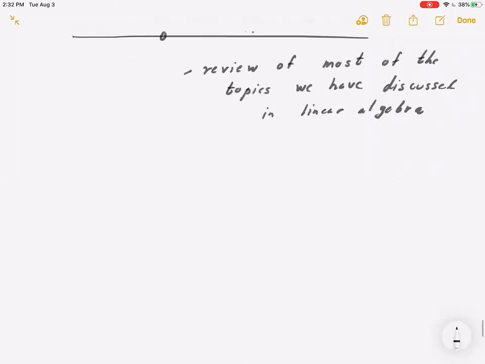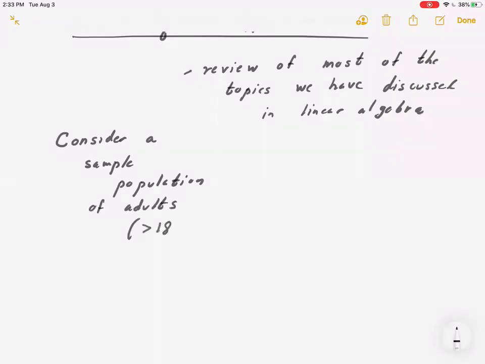Okay, so what is this least squares approximation problem? So suppose you have a sample of people, a sample population, and let's say this population consists of adults, and for all intents and purposes, I'll define an adult as someone who's 18 years or older.